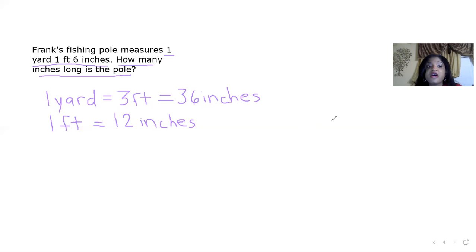If it was maybe 2 feet or something like that, then we would have had to multiply. But we just have the 1 yard, which is 36 inches. And we have the 1 foot, which is 12 inches. And there was also a little 6 inches, which is half of a foot. And we can just add those together.